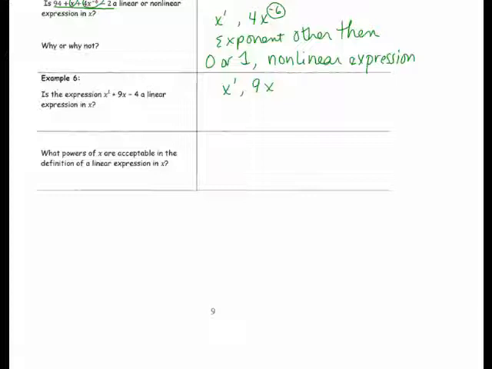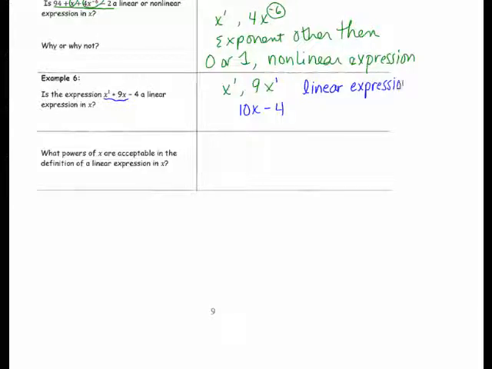If x had an exponent, it would be 1. And if you think, well, what if I simplified that? If you simplified that, remember x plus 9x would equal 10x. So even in simplest form, this would be what kind of an equation? It would be a linear expression.